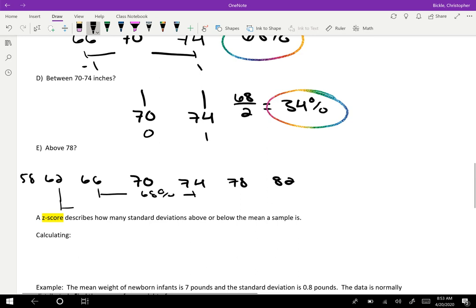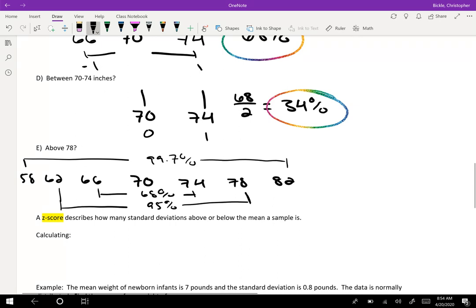I know from here to here is going to be 95%. And I know from there to there is going to be 99.7%. I'm just looking at the x-axis on the graph now. And I said, I want to know what percentage is going to be above 78. Above 78 is going to be this portion right here.